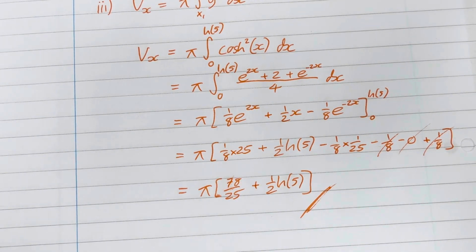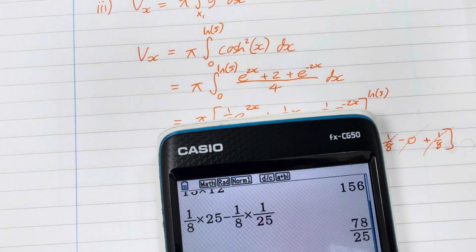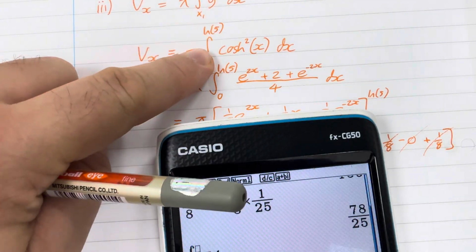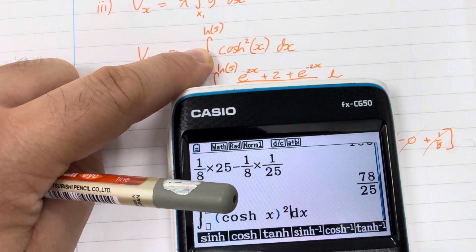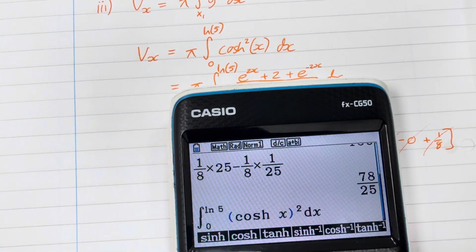Okay. What we should do is just check that that is a correct answer. So what we can do is we can integrate our function, which was y squared, cosh. So I'm going to write that as cosh of x squared. I'm going to evaluate that between 0 and the natural log of 5.